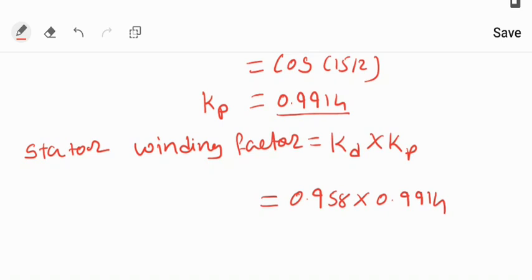After calculation we get the value 0.95. So the stator winding factor, denoted as KWS, is 0.95.